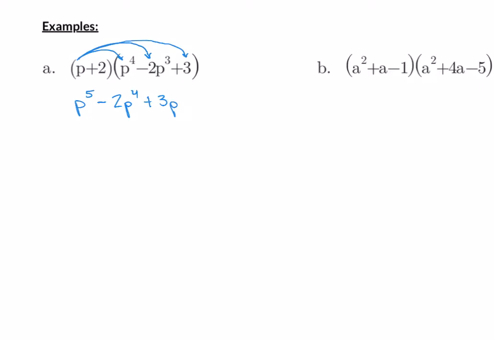All right, now I want to multiply everything in the second set by the 2. So we get 2p to the 4th. Two times negative 2p cubed is minus 4p cubed. And 2 times 3 is 6.